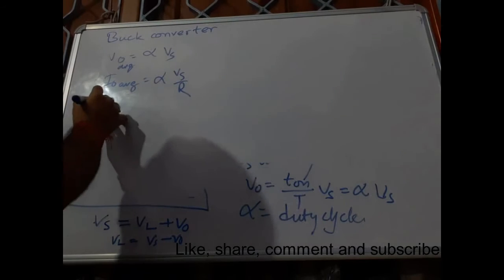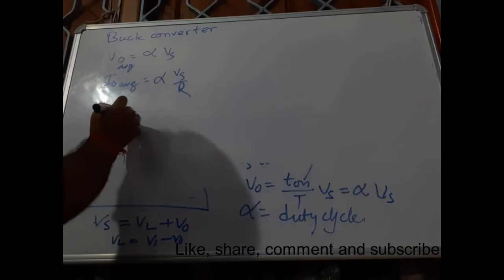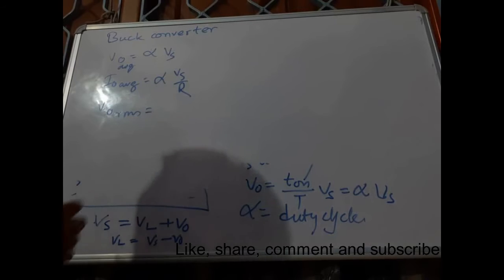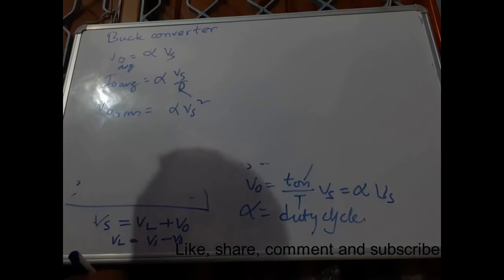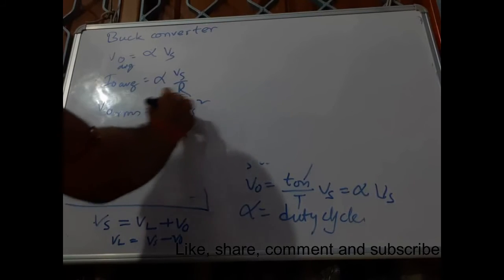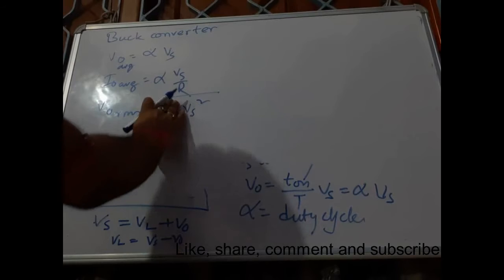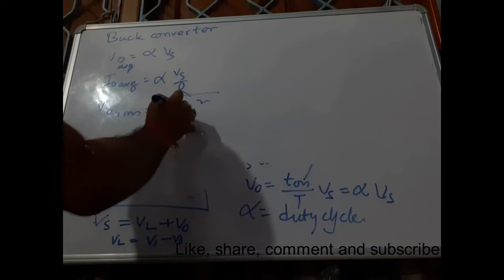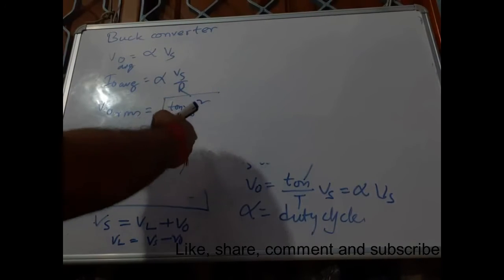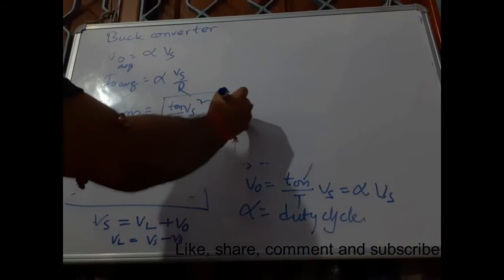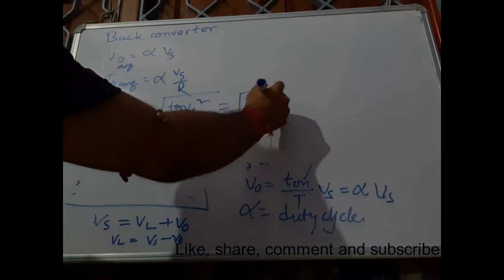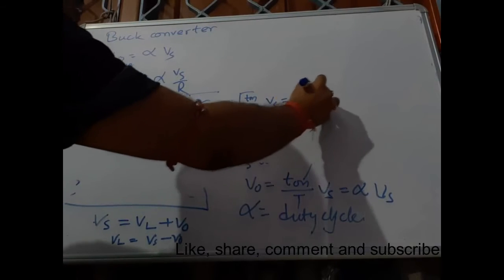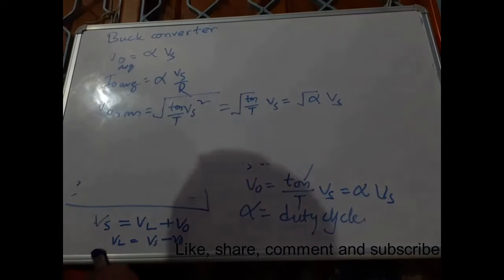Now if we want to know the V naught RMS, this will be root over of T on divided by T into Vs square, that is root over alpha Vs.